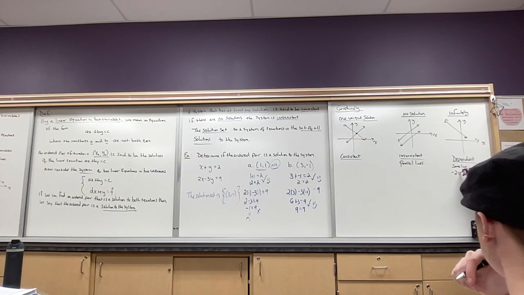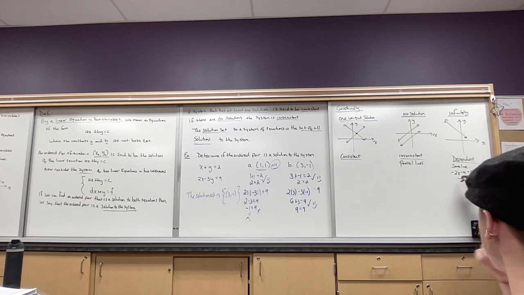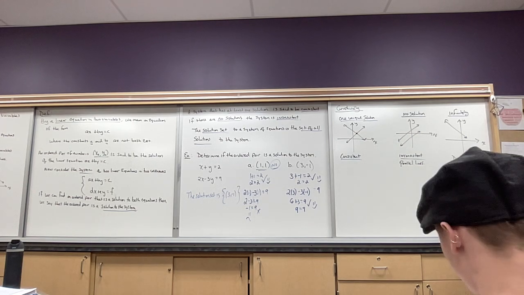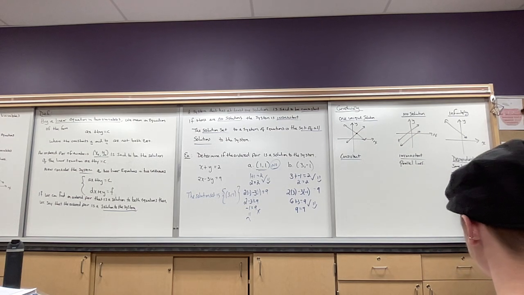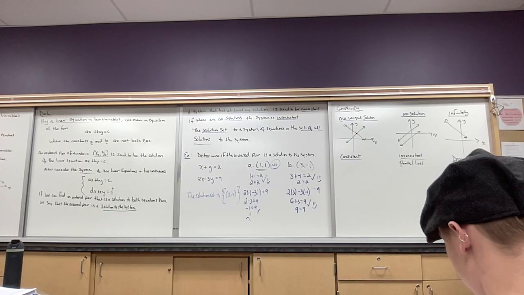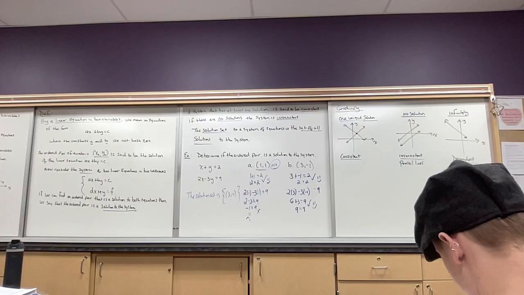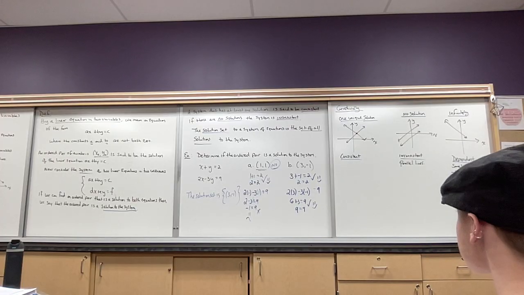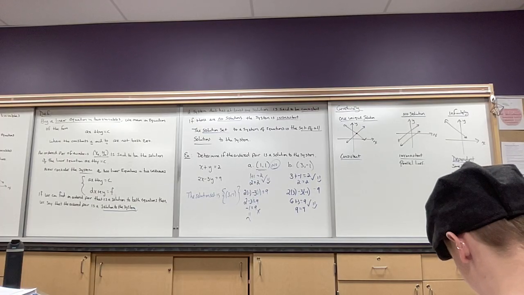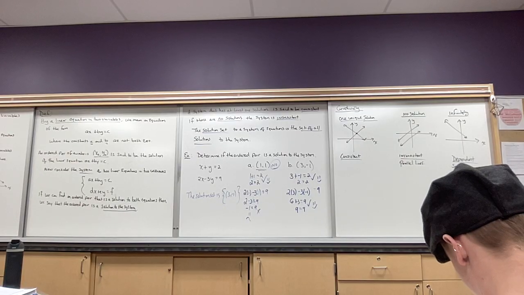If you had 2x minus y equals 4, and I multiplied everything by 2, you get 4x minus 2y equals 8. You can see everything would pretty much cancel out, and you're left with just 0 equals 0. Okay, any questions on the graphical part? Sound good? Let's solve these.